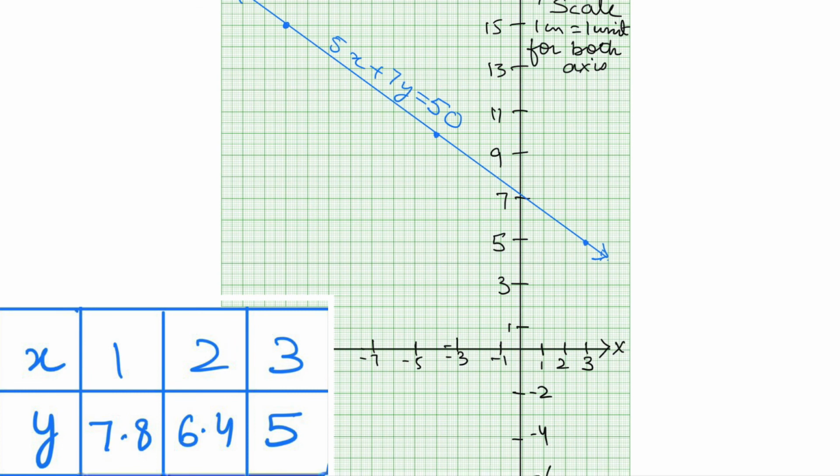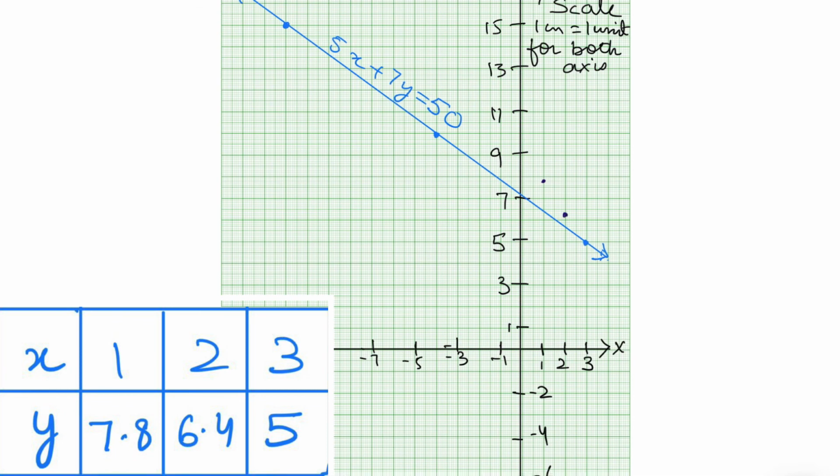Second line we have 1 and 7.8. So 1 and 7.8. So this would be 7, this is 8. So here I have this point. Then 2 and 6.4. So 2 and this is my 6 and 0.4, right?